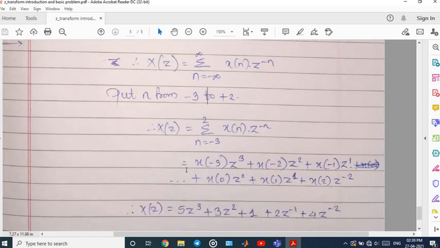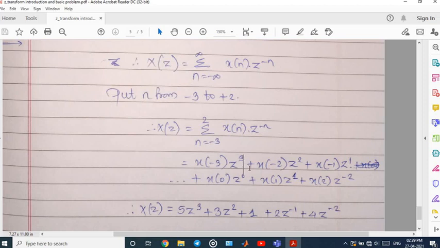So this is equal to, so now first put n equals minus 3, then minus 2, minus 1, 0, 1, 2. Okay, 5 values. So while putting n equals minus 3, this n will become minus 3, and this will become plus 3, because minus n, when we put minus 3 as n, it will be minus, in bracket minus 3, it will become plus 3.